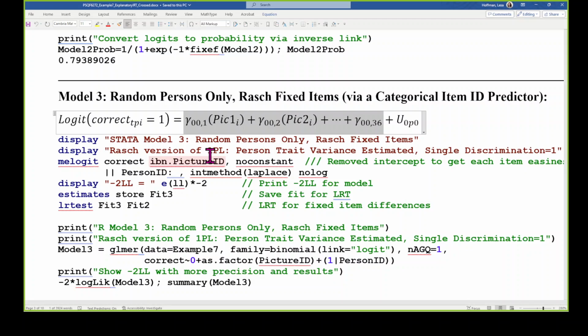Why would I do that? Because I wanted each of these fixed effects directly to give me the expected logit accuracy for that picture. If I had had a general intercept, each of these would give me the difference of that picture relative to a reference picture, and that is less useful.